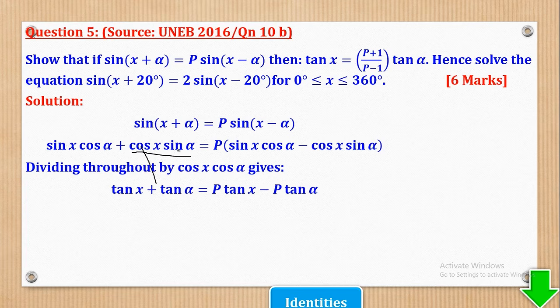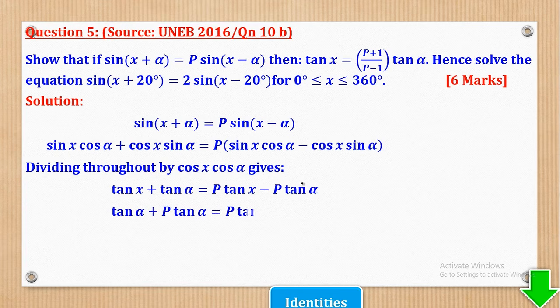Then sine alpha over cos alpha is tan alpha. Then this one, sine x over cos x is tan x, and cos alpha over cos alpha is 1. Then this one, cos x over cos x is 1, and sine alpha over cos alpha is tan alpha.